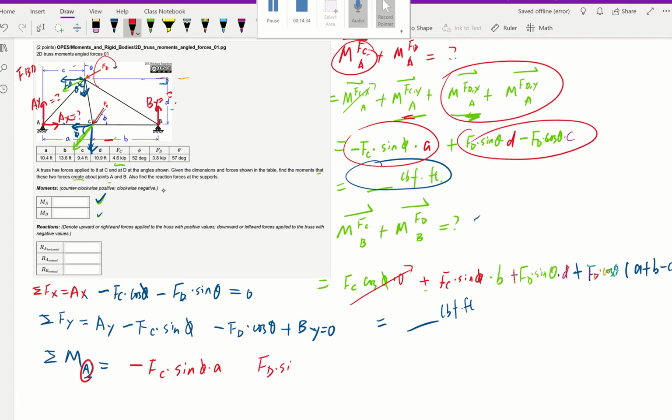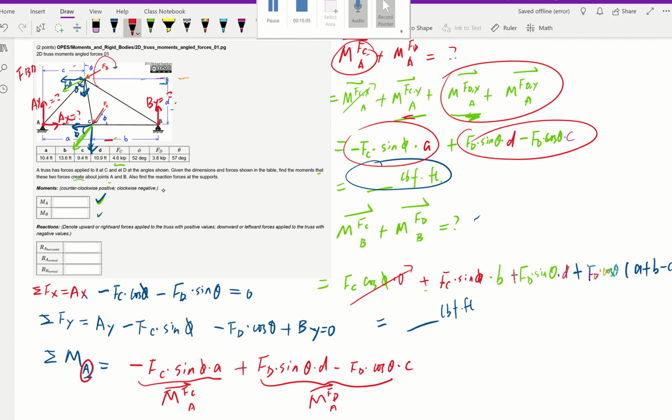FD sine theta times D minus FD cosine theta times C. All right, so far you considered AX, AY, that equal to 0, the moment about A, and then you also consider this. This is going to be your moment of FC rotating about A. This together is your FD rotating about A from the previous problem.